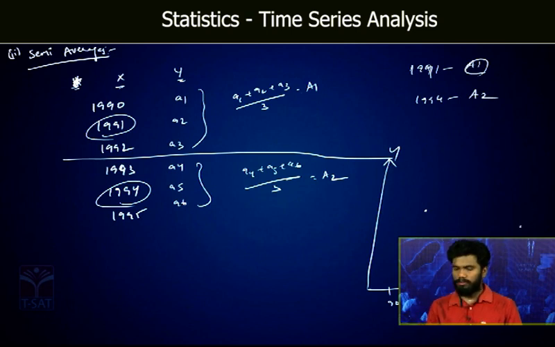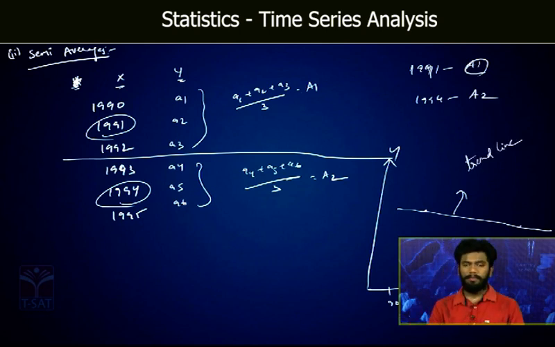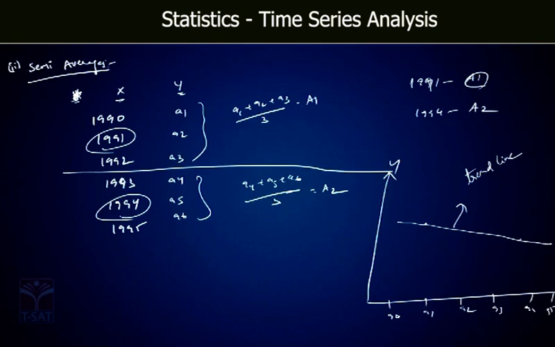So I will draw a line joining these 2 points. This line is called the trend line. So that's how we calculate the semi-averages method. Just remember the procedure, that's it.